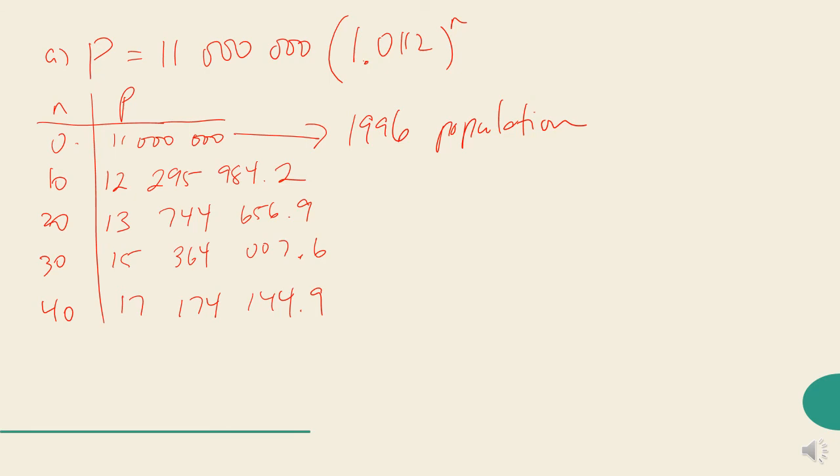C, what is the projected population in 2031? And that was B right there. The most common mistake, someone's going to enter 2031 for n. That is not the number of years since 1996. So to do these types of questions, our starting point, our point of reference is 1996.